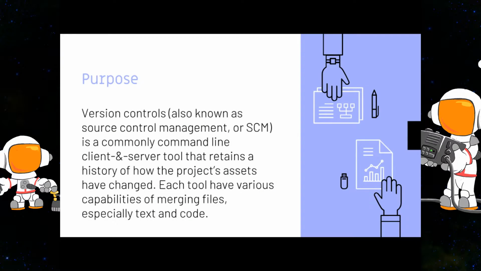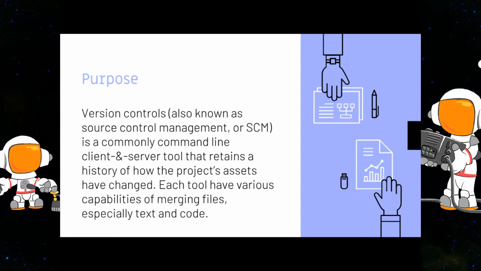Version control, also known as source control management or SCM, is commonly a command line tool, actually. But don't worry, there are plenty of apps to work around that problem so that it's comparably easier to use for just a normal person. It is actually a client and server tool.